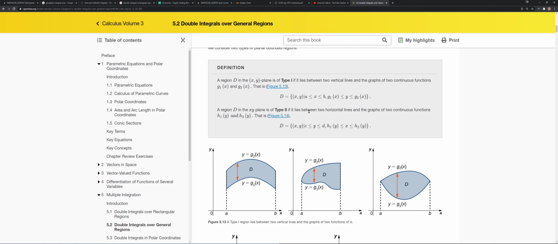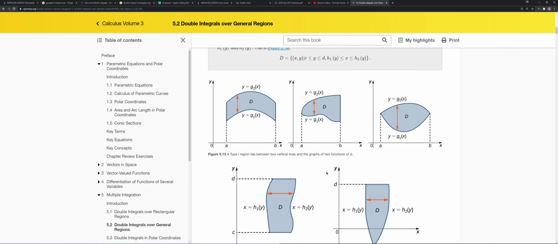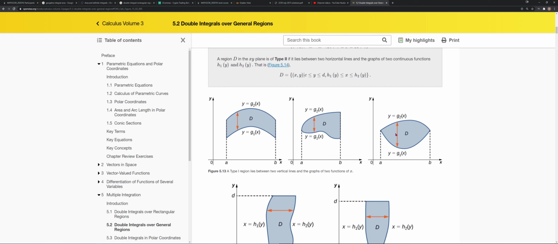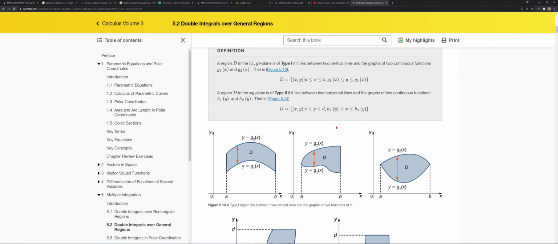So it satisfies x lying between a and b, in other words, between these two vertical lines, and y lying between g1 of x and g2 of x, so it's lying between these two graphs of functions. So this one is also type 1. You could look at this and convince yourself that this is also type 1.